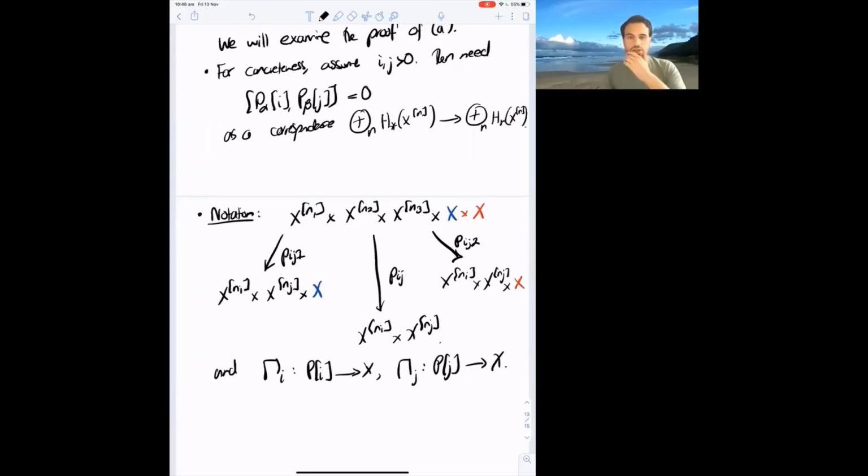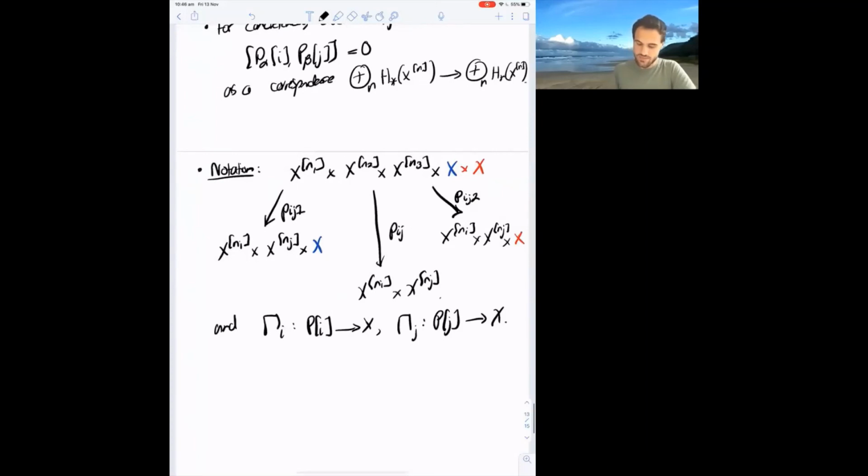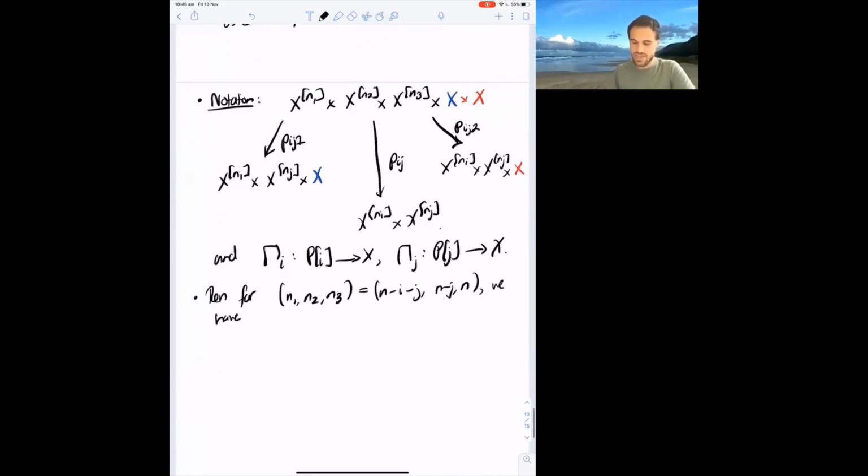Let's write down exactly what the operator is that we're interested in. As a correspondence, what are the n1, n2, n3 that we're interested in? Because of the correspondence that we're looking at, we're interested in n minus I minus j, n minus j, n. So in our notation above, that's what the n_i's are.